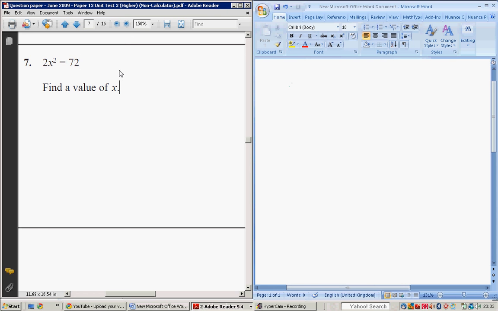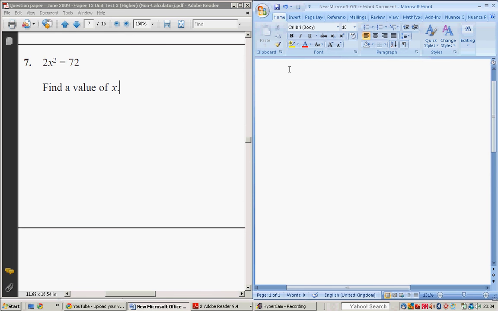First of all, we need to figure out which one we should do first, because it's not the same. I'm going to follow the order of operations backwards. BIDMAS: brackets, indices, divide, multiply, add, subtract. If you're not familiar with BIDMAS, then don't worry too much about it. I think we would get a different answer if we divided first by 2 and then got the square root of that than if we got the square root of 72 and then divided by 2.